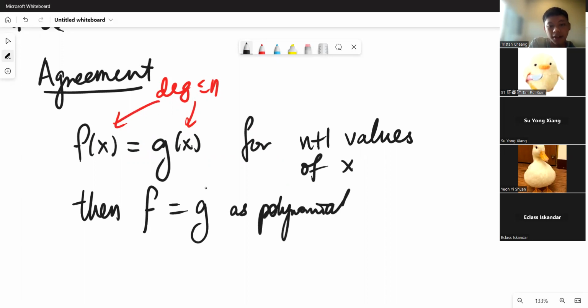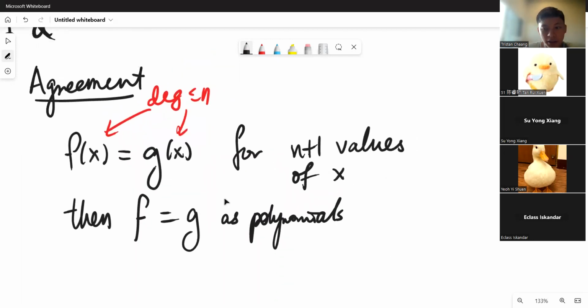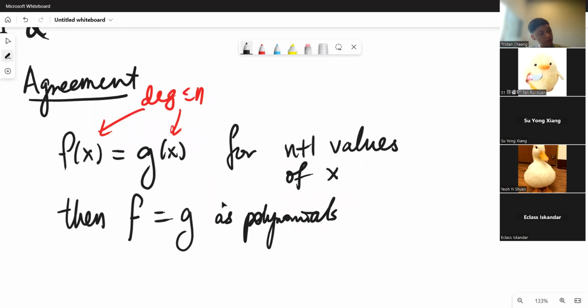Well, that means fx equals gx for all x, basically. So why is that true? Why can't you agree for n plus 1 values of x if the degree is at most n?